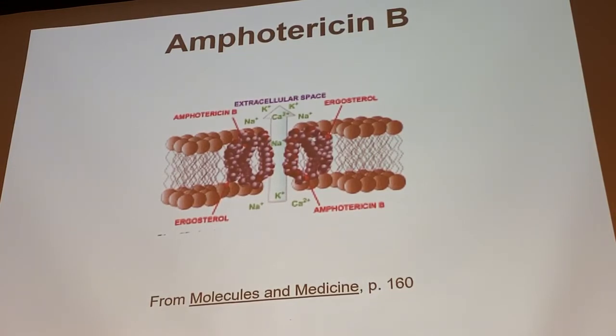Similar to what monensin does, what we talked about on Friday, except instead of carrying the molecules across the membrane, what amphotericin B does is create an artificial hole or pore in the membrane, allowing the cations to flow in and out, okay? So it's just the right size to do this, and it also has this amphiphilic property, this polar face and this nonpolar face. It's those structural features that allow amphotericin to kill fungal cells.